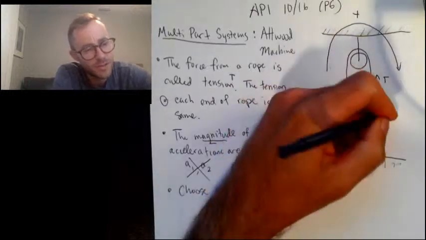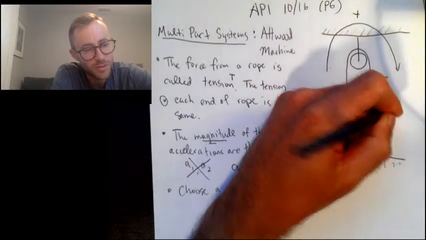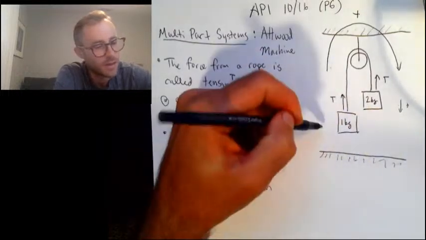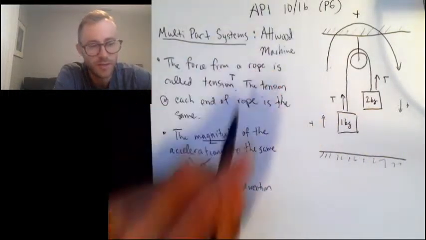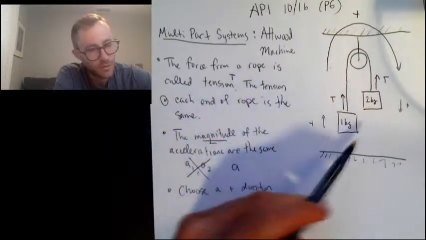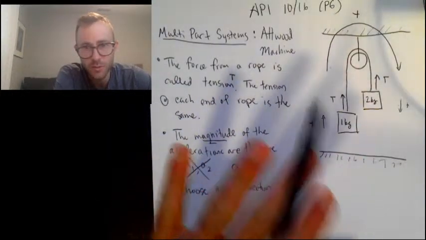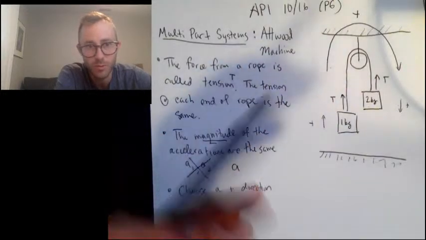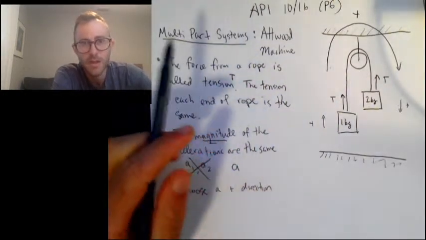That means downward is going to be the positive direction for the mass on the right, and upward is going to be positive for the mass on the left. So this is a rare case where we would choose downward to be positive.